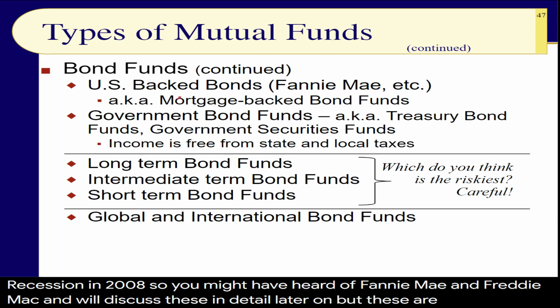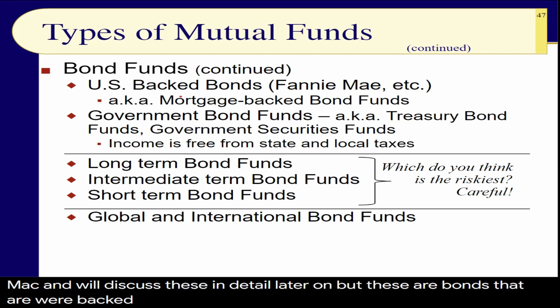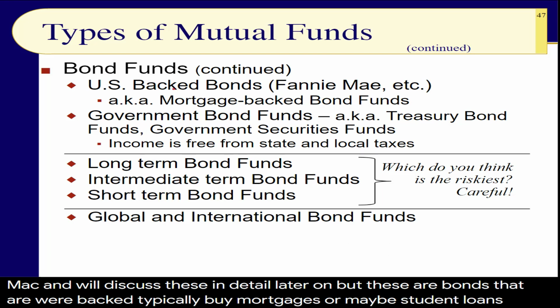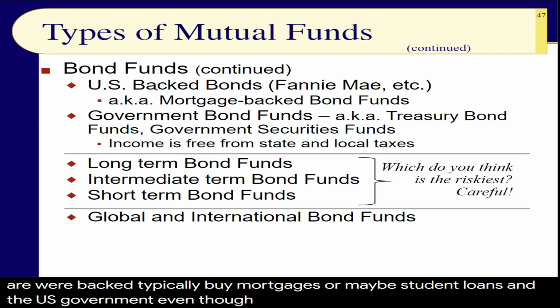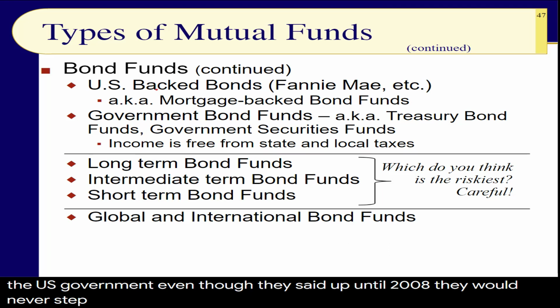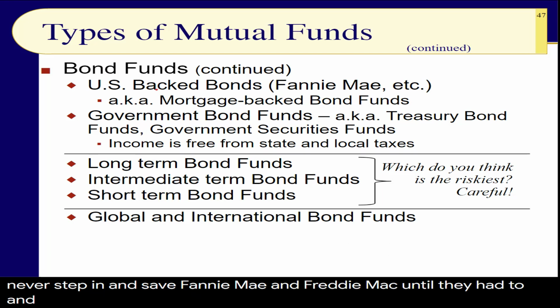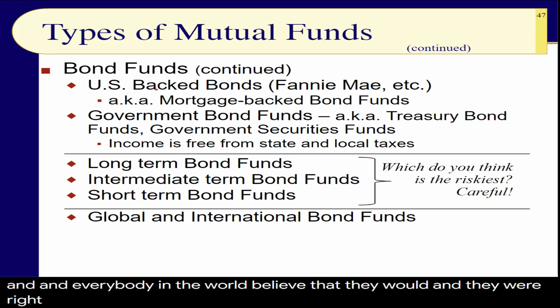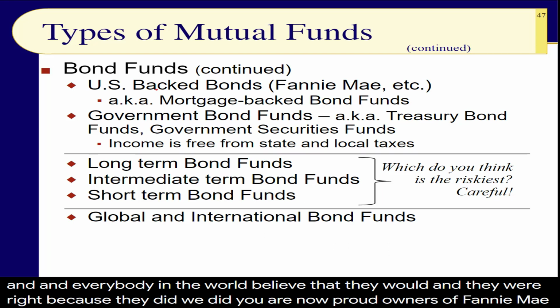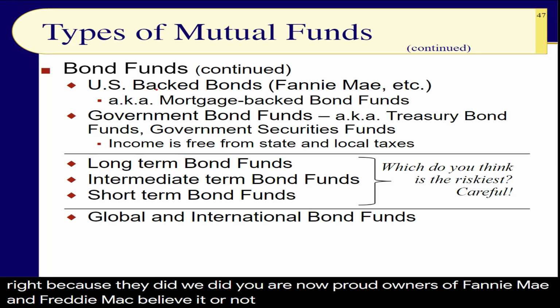But these are bonds that are backed typically by mortgages or maybe student loans. And the U.S. government, even though they said up until 2008 they would never step in and save Fannie Mae and Freddie Mac, until they had to, and everybody in the world believed that they would, and they were right because they did. We did. You are now proud owners of Fannie Mae and Freddie Mac, believe it or not, as taxpayers of the United States government.